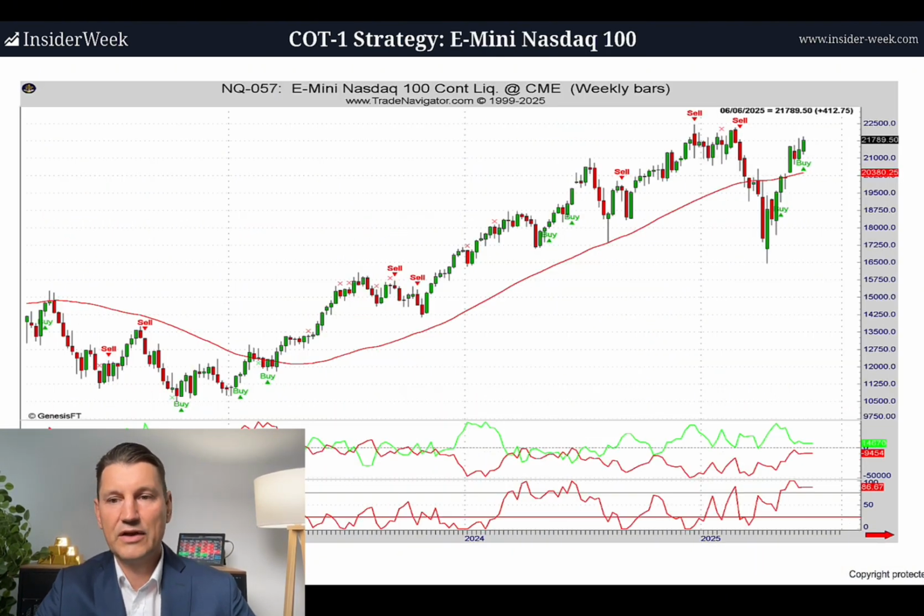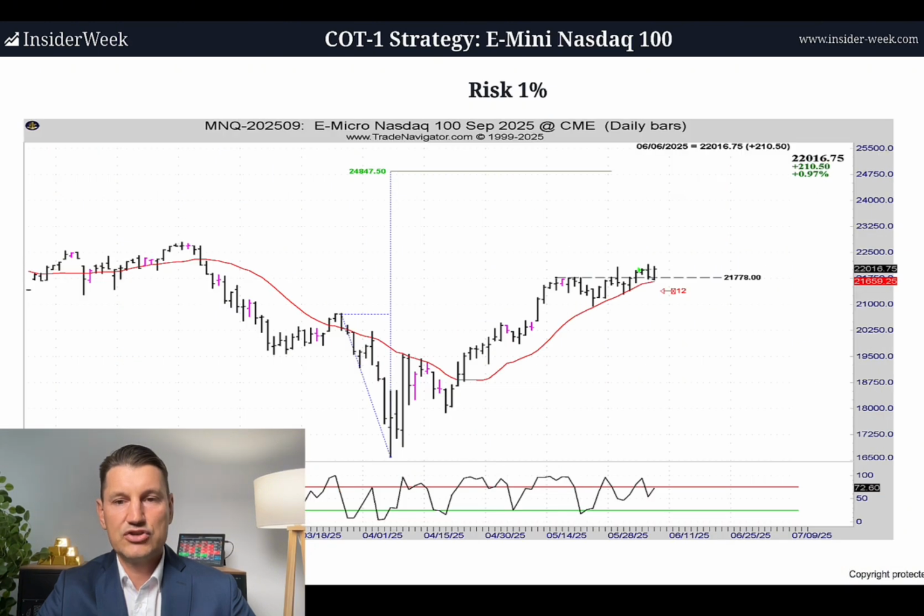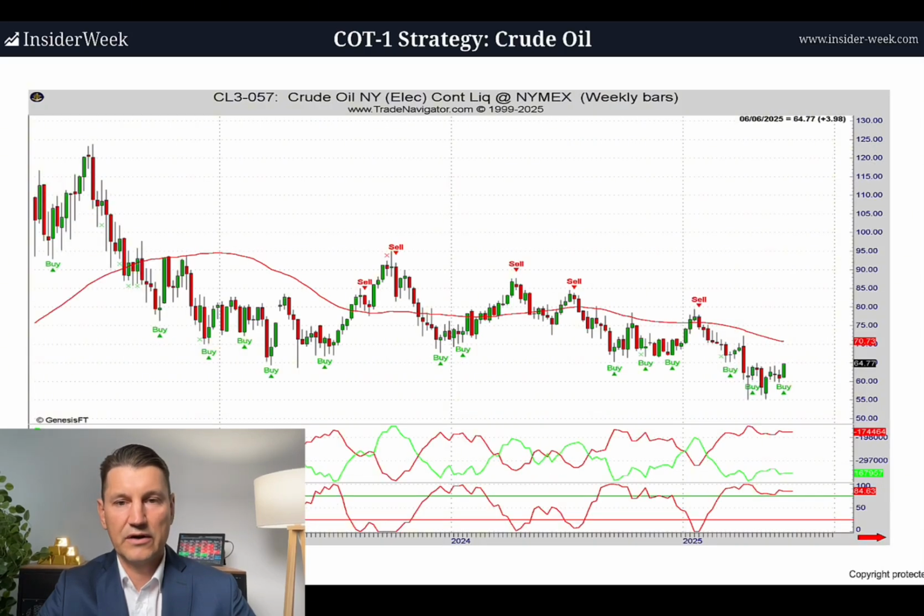On Nasdaq 100, as you can see, we got a buy signal based on CFTC data. The CFTC index is in the buy zone. On the daily chart, we also got an entry pattern last trading week, and therefore I opened a long position. I'm 12 micro contracts long in this market, and I'm waiting for my price target.